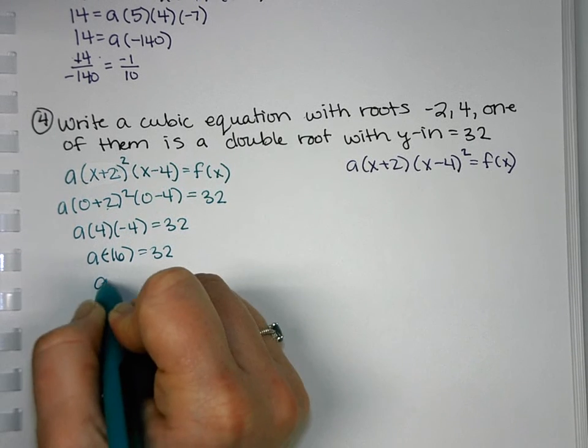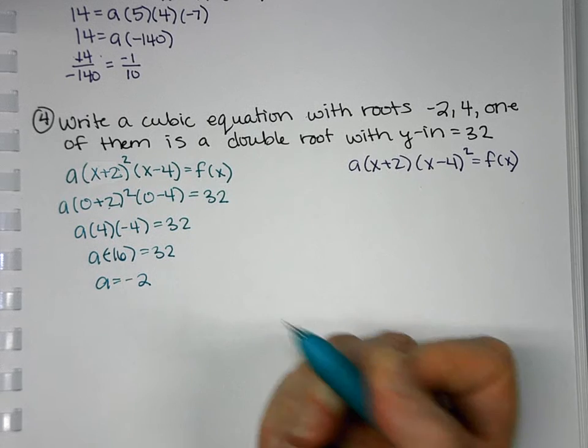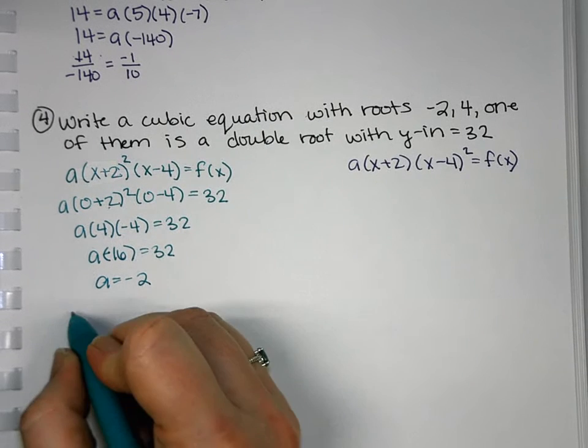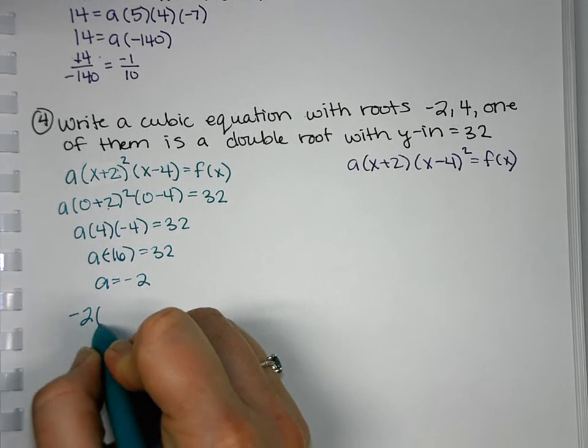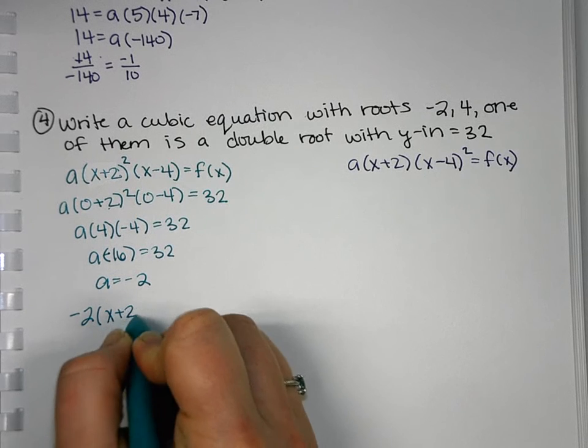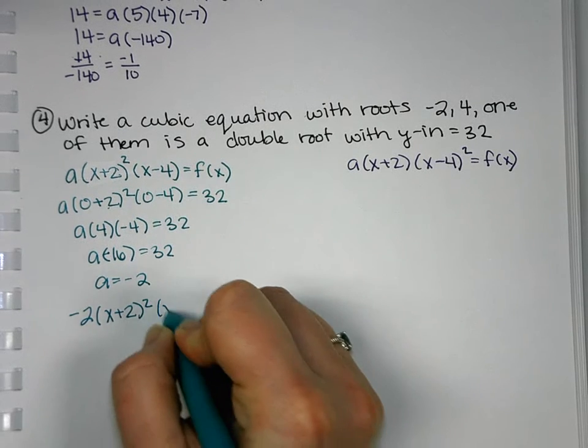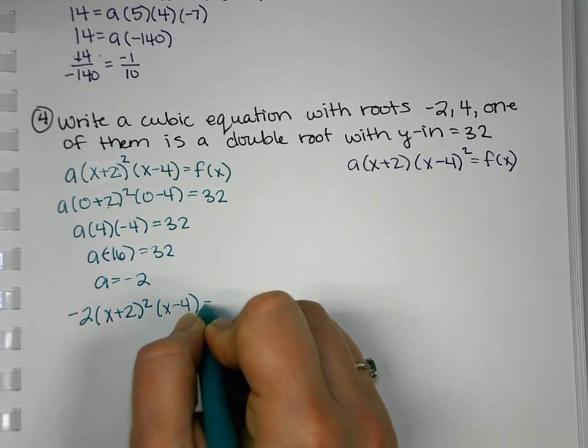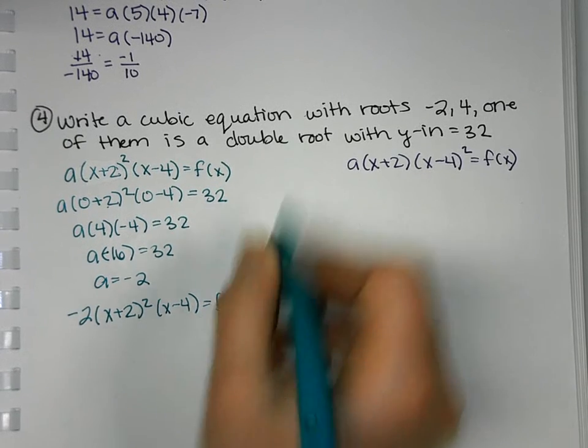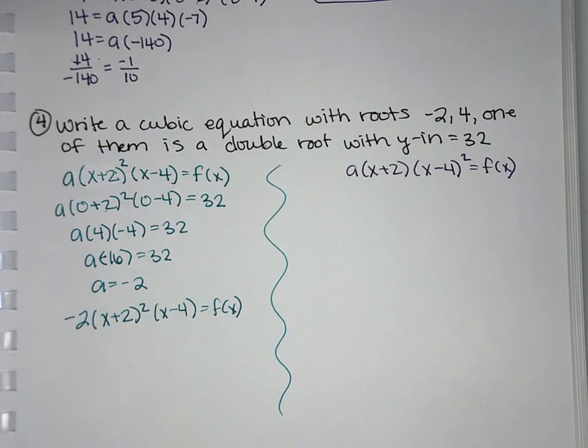So here we get a is -2. That means we could have the equation f(x) equals -2 times (x + 2) squared times (x - 4). So that's one potential solution.